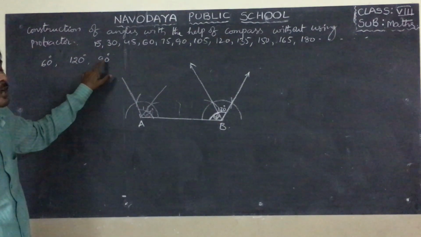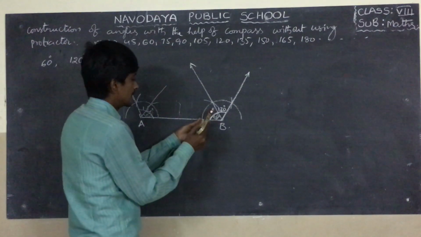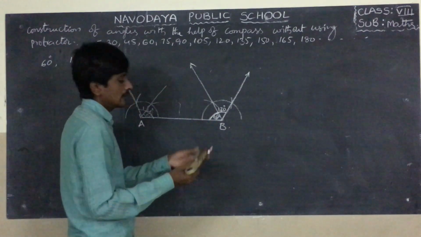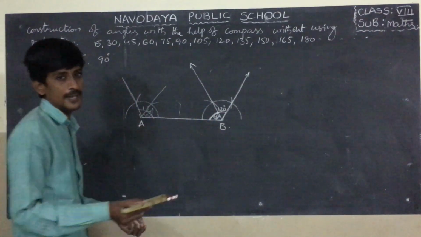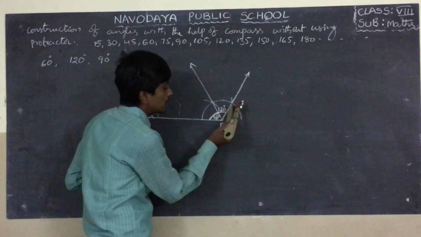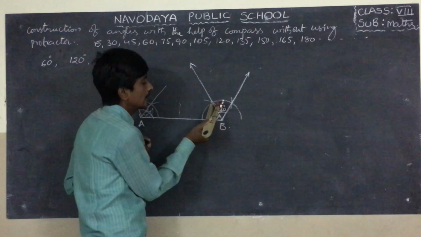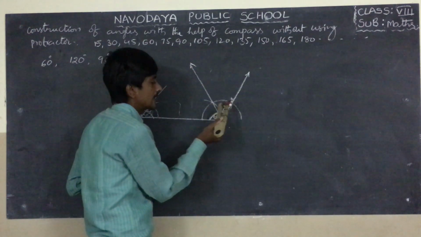Now 90. How to draw the 90? Take some radius, and use the two points where the 120 degrees and 60 degrees arcs intersect as centers.